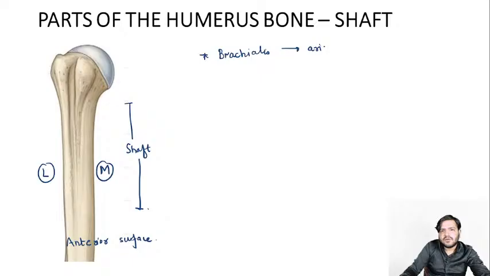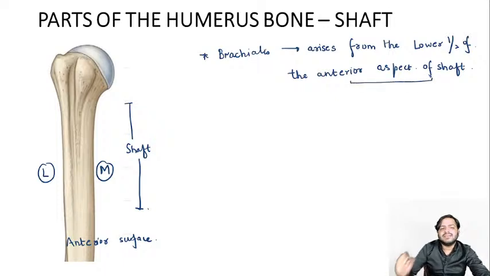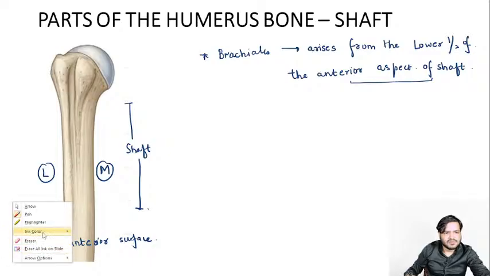Basically it arises from the lower half of the anterior aspect of the shaft. एंटीरियर एस्पेक्ट ऑफ द शाफ्ट. तो इसकी लोकेशन बच्चे कुछ इस टाइप से है कि अब सपोज this is a muscle which will be located like this.